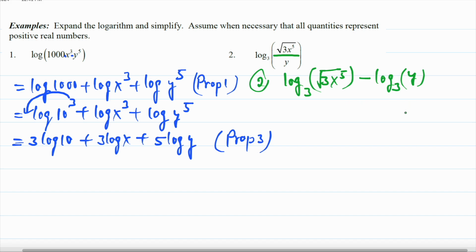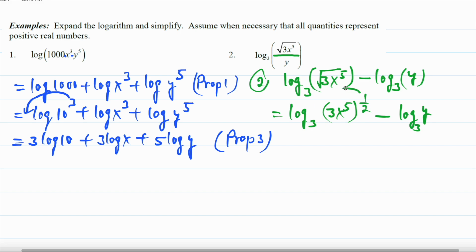Once I have this, I will use different properties here. We know that the square root means power 1 over 2, and here I'm going to keep log y base 3 as it is.